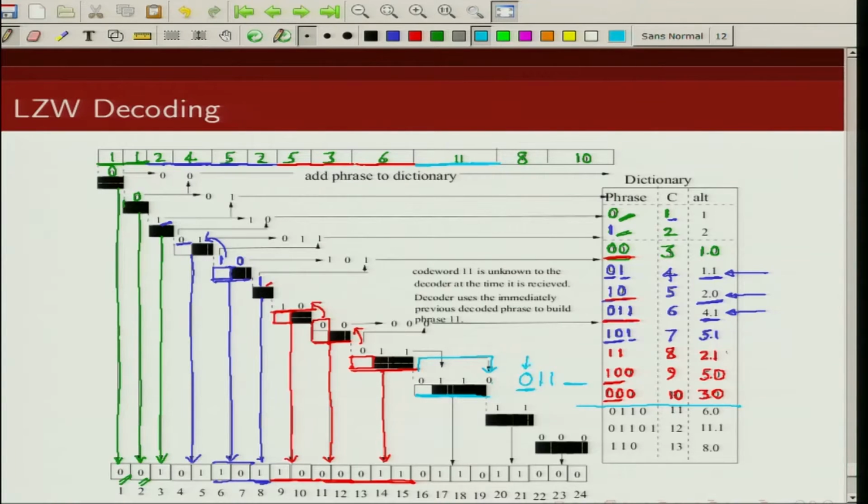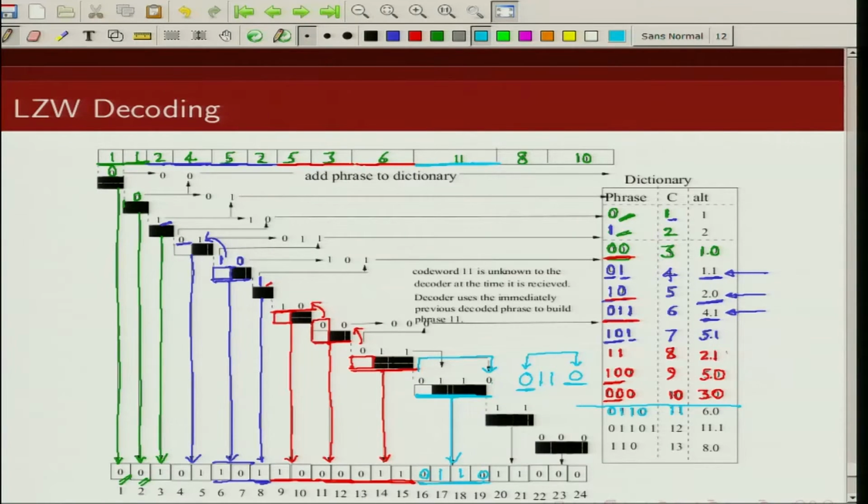So this bit and this bit should be the same, and that's why I have written that 11 should be 0 1 1 0. Okay, so I put 11 as 0 1 1 0 and I decode this as 0 1 1 0.